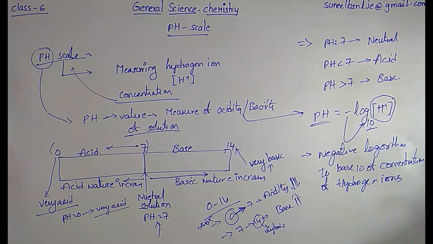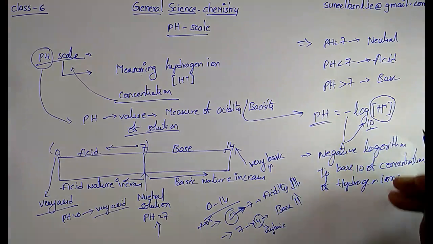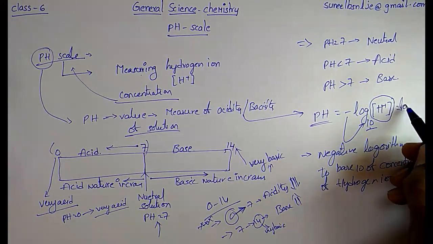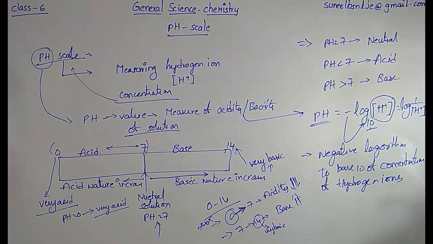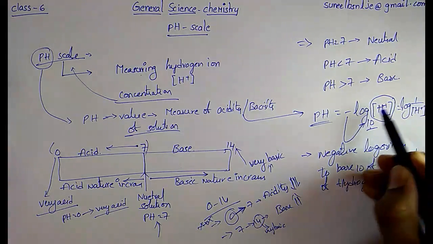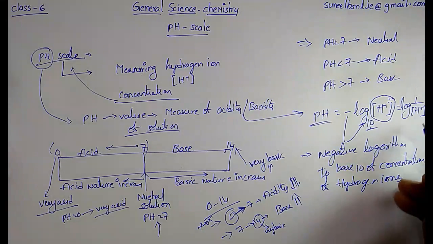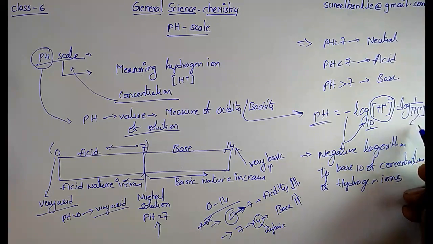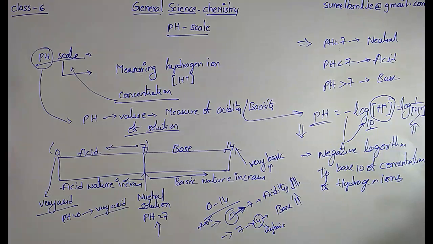Here is one more important point: pH equal to minus log H plus, so we can also write it as log of 1 by H plus ion concentration. So if the H plus ion concentration increases, the pH value decreases. They are inversely proportional.